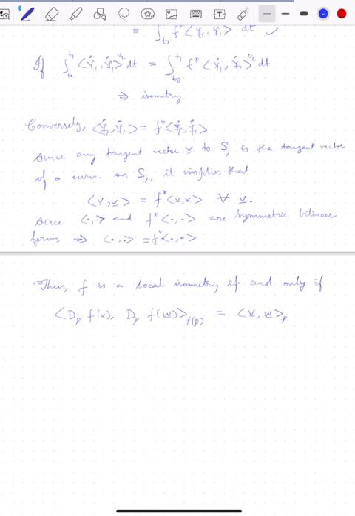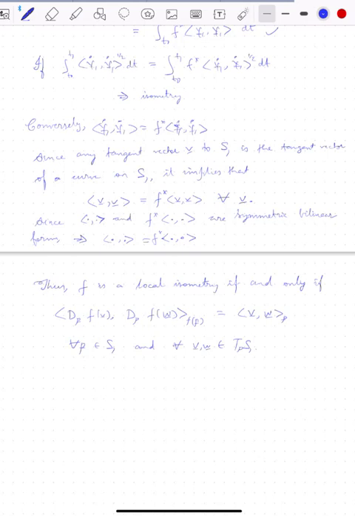And this should hold for all p vector an element of S1, and for all v vector, w vector an element of the tangent plane dpS1.